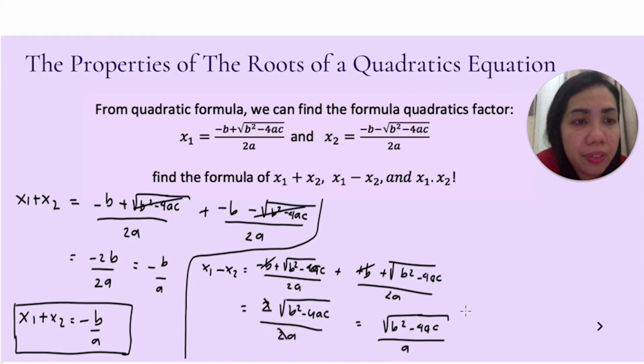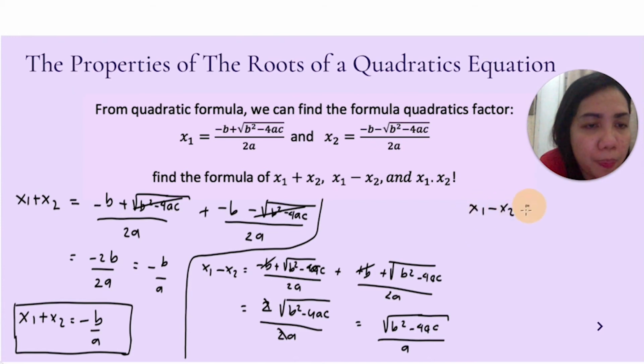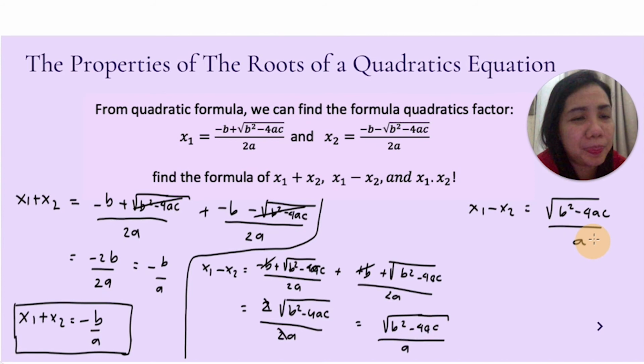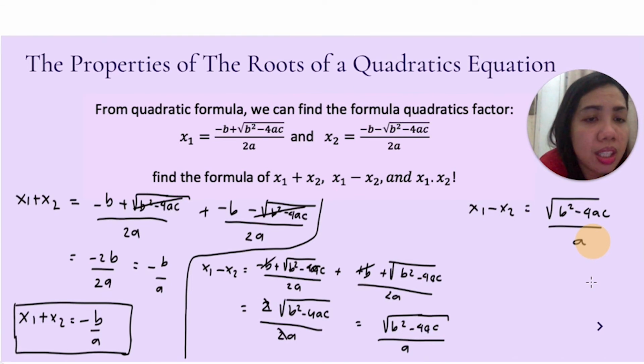Now we've got the formula for x1 minus x2, which is the square root of b squared minus 4ac divided by a. Now actually we can have the value of x1 minus x2 by just applying this formula without knowing first the value of each factor. So we can use this.